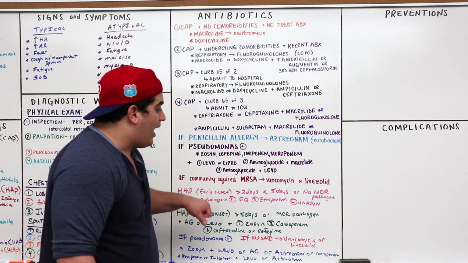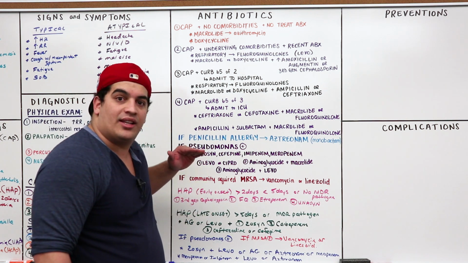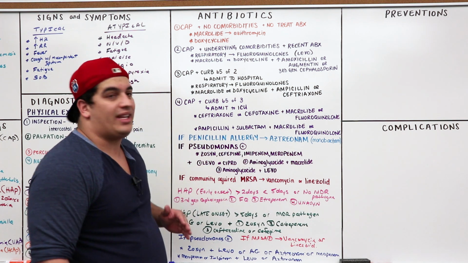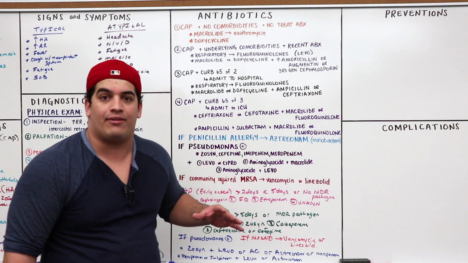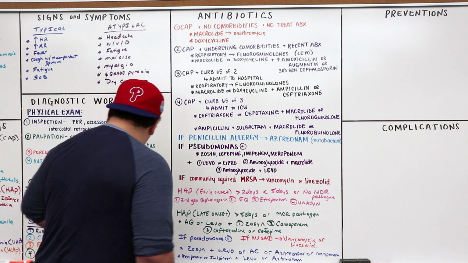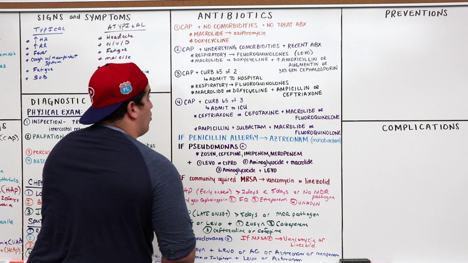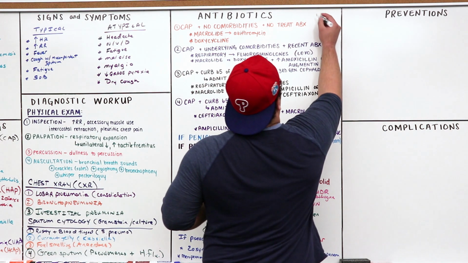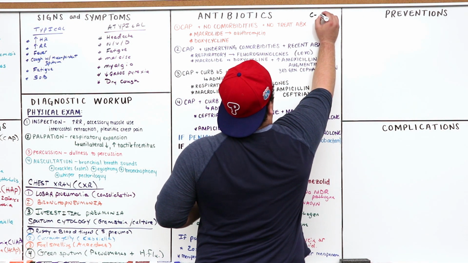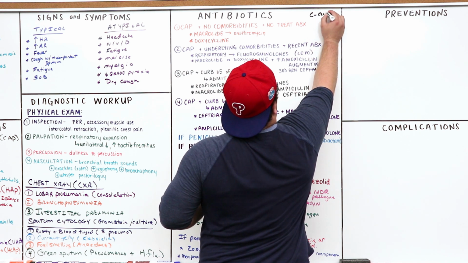So, the one last thing that I want to talk about, just so that we get this really down, I know I mentioned it before, but again, we have that CURB-65. I'm going to brighten it up here in this corner. C is for confusion.